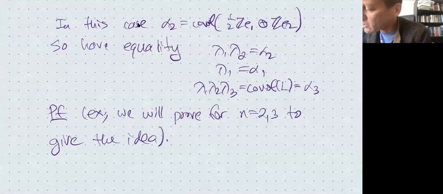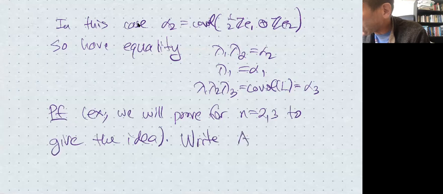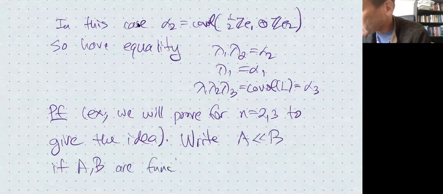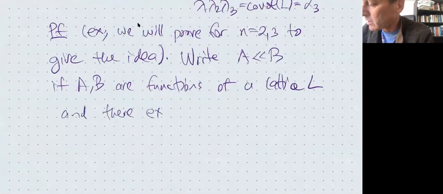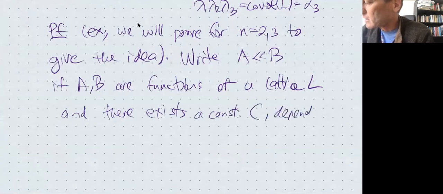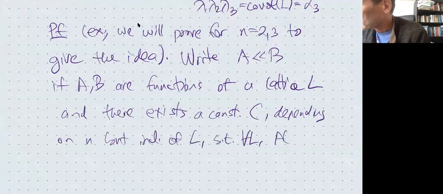Let's introduce a notation. So let's write A less than or equal to B (A ≲ B) if A and B are functions of a lattice L, and there exists a constant C depending on n, but independent of L, such that for all L, we have this inequality.